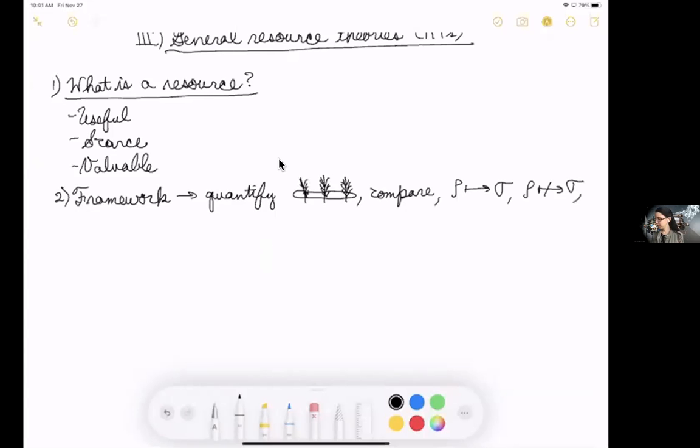If this transformation is forbidden, but I can pay some cost to effect the transformation by putting in something like work, then how much do I have to pay? In general, a goal when we're dealing with resources is to figure out what is possible and what is impossible.